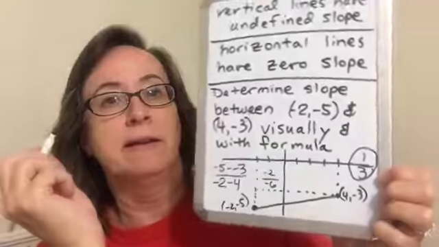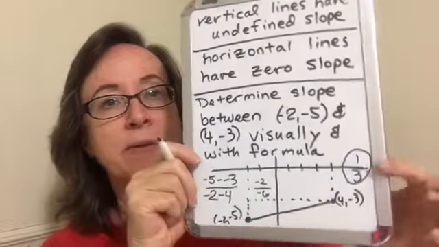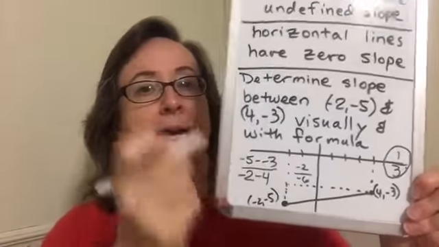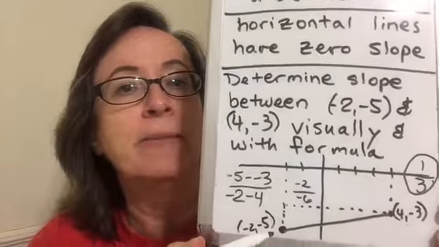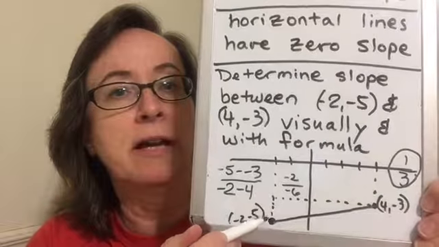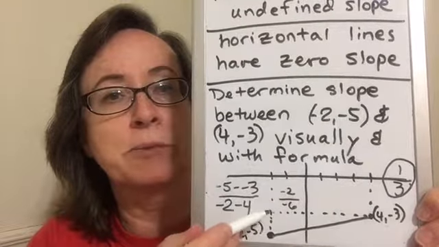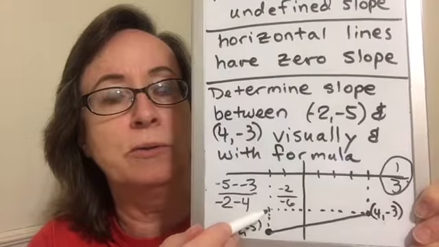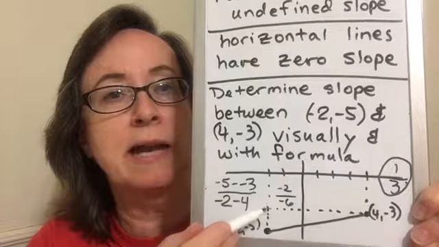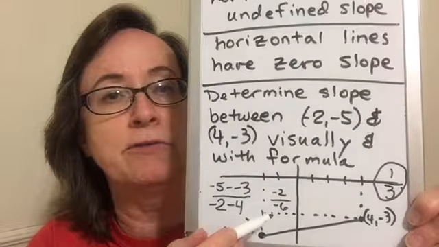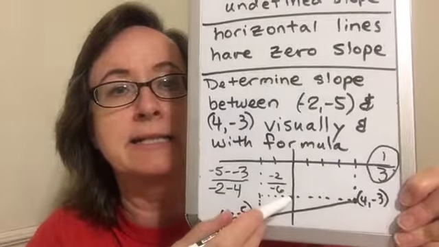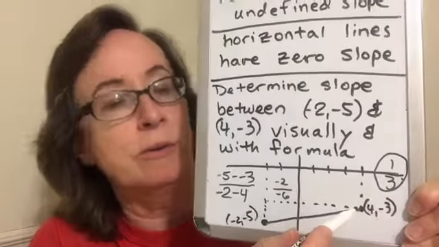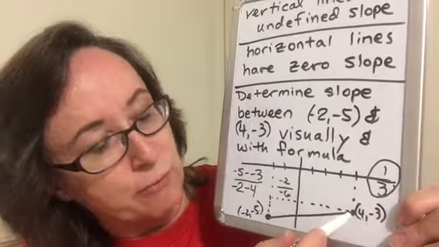Hopefully, when we do it visually, we will also get the slope of 1/3. So let's look at the graph. And if you look at the graph, this is the distance between points right here. This is a step up of 2, but then horizontally, the 2 points, I have to move 2 places to get to 0, and then I have to move 4 more places to get to the 4.